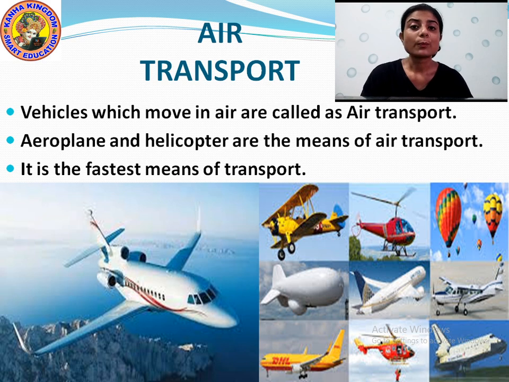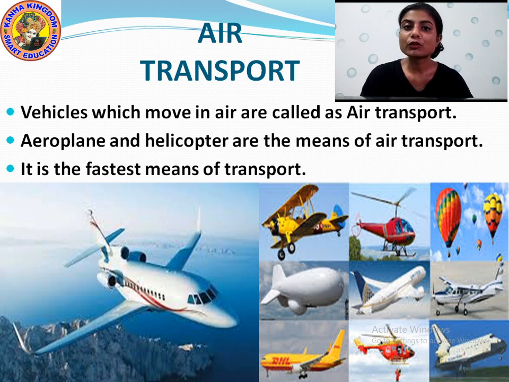This air transport is the fastest means of transport. That means if we travel by air, by using an aeroplane or helicopter, we will reach the destination very quickly and very early compared to land transport.